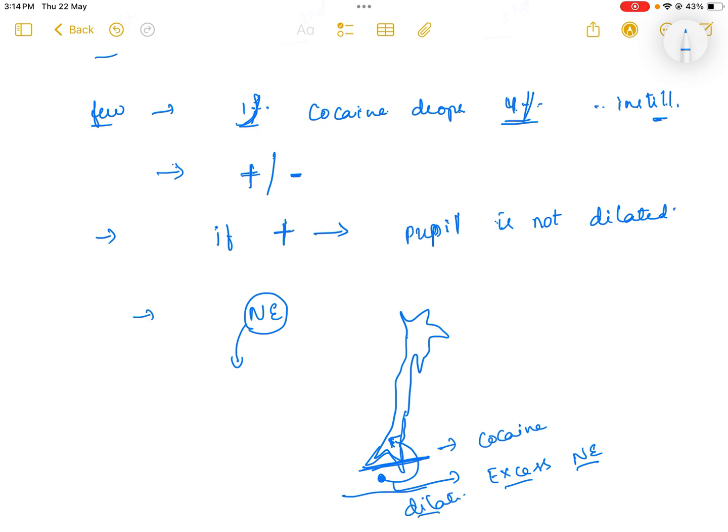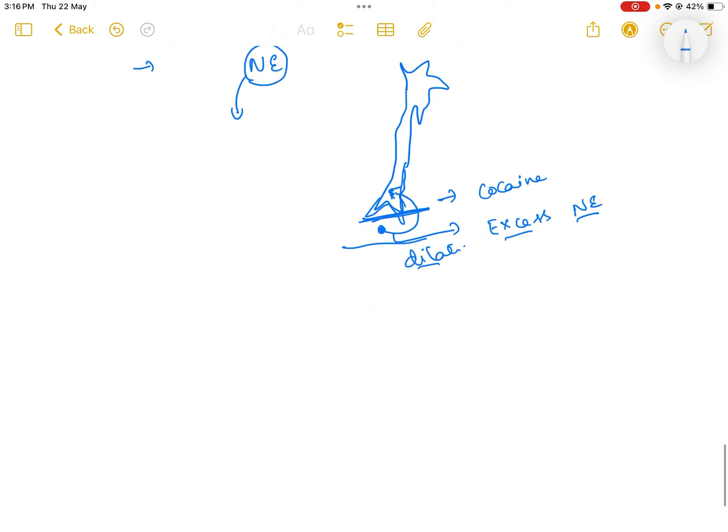If there is Horner syndrome, then norepinephrine is not released. Norepinephrine is not present in the sympathetically denervated eye. So this eye will not respond, which is a Horner syndrome, and anisocoria will be more pronounced if cocaine drops are instilled.